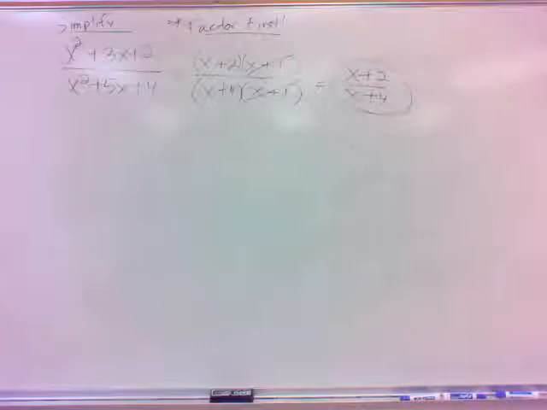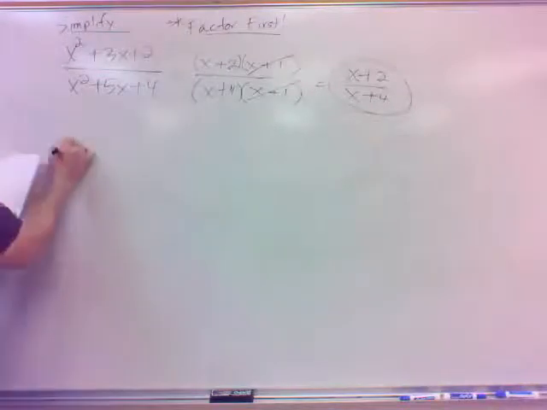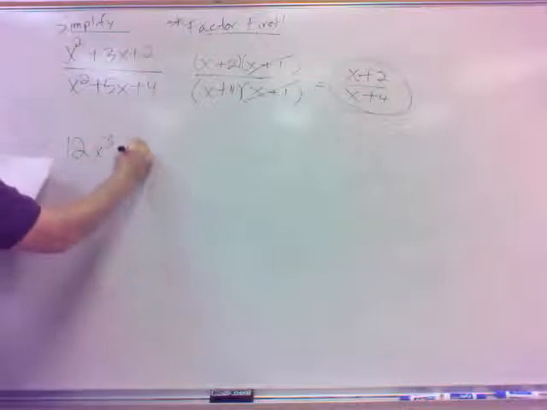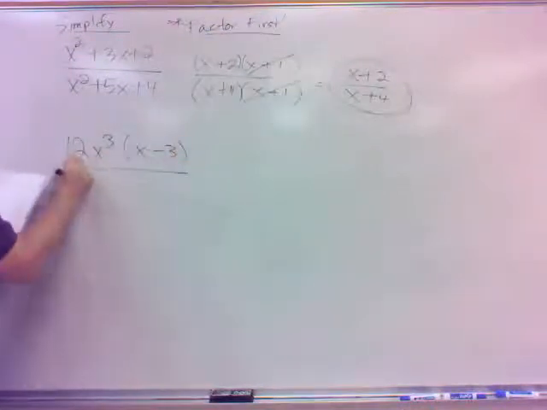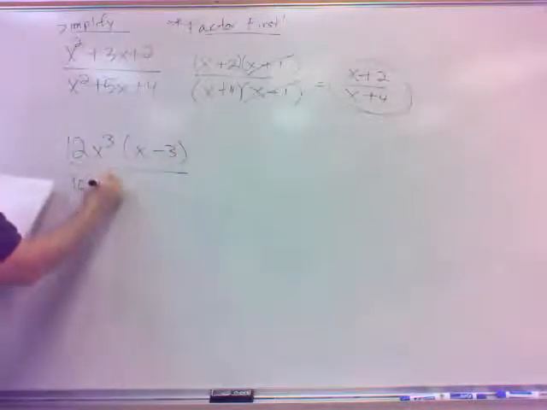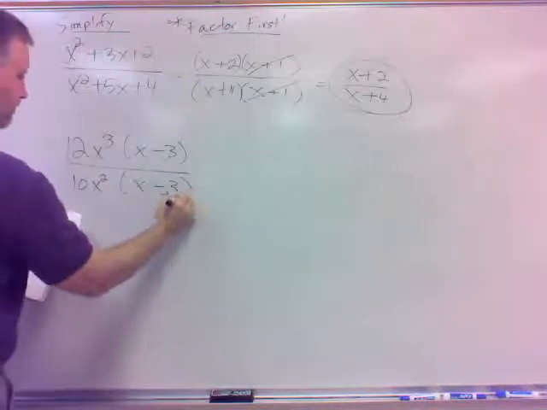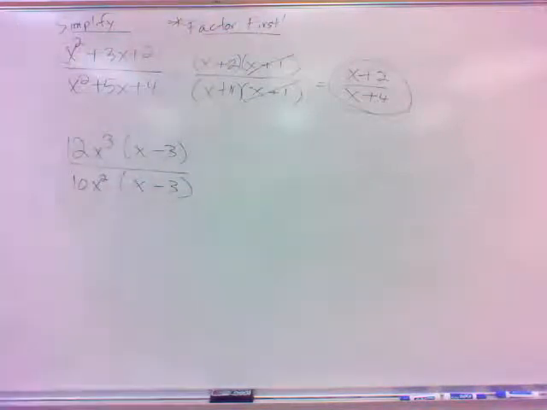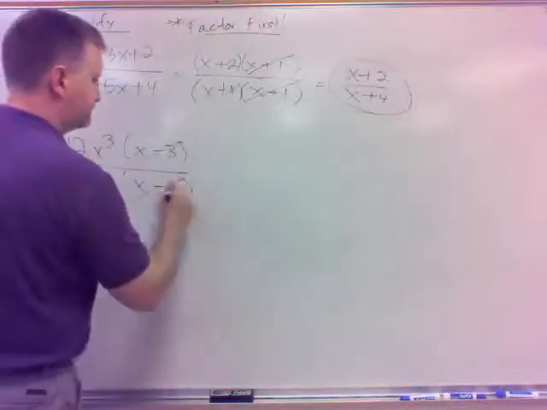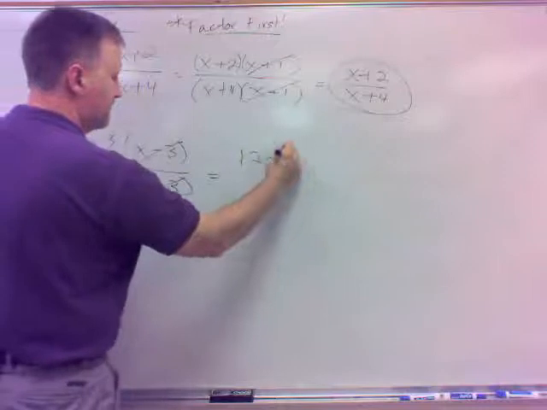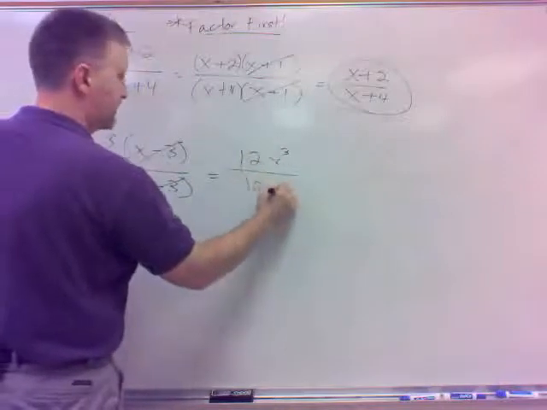Now, having said all that, let's talk about this one. 12x cubed times x minus 3 over 10x squared times x minus 3. Obviously, yes, the x minus 3's cancel. Now let's talk about what's left.